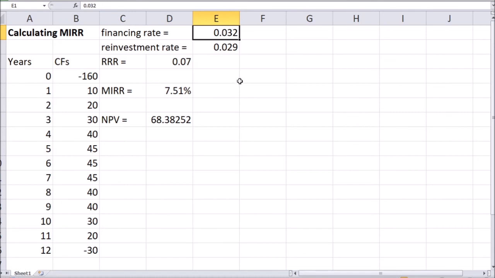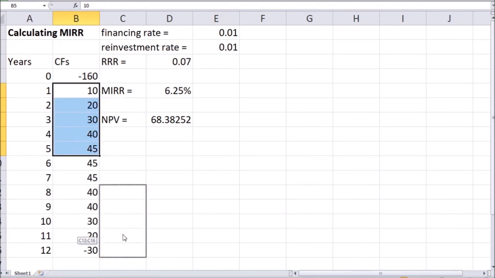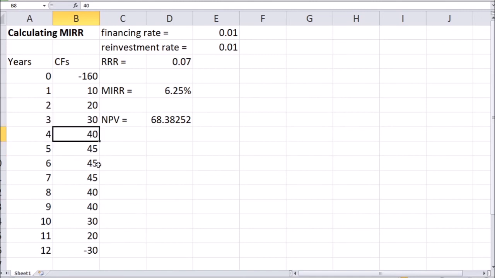Let's have the financing rate of, let's say, only 1%, and reinvestment rate, well, let's say only 1% as well. So all of these positive cash flows, instead of putting them into the pocket right now, we're going to reinvest them until the end of the project, but that reinvestment is a relatively low return. So perhaps that's not really going to generate much benefit.